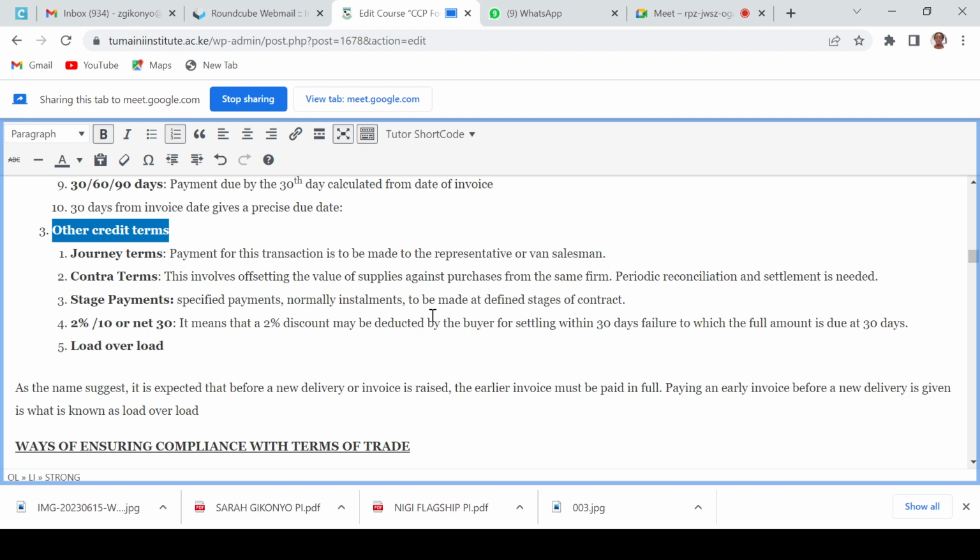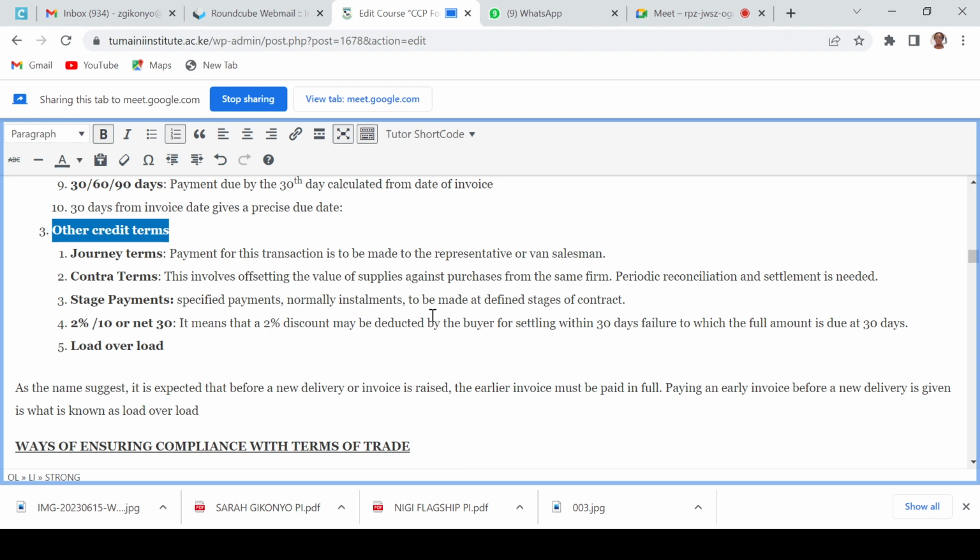Stage payments tunaziona, let me give this, are normally common in contracts. Kama wale siku moja tutajenga nyumba, kuna kuwa na contractor, mnakubaliana na huyu contractor, nikijenga utanipea deposit, nijenge hadi nifanye foundation.